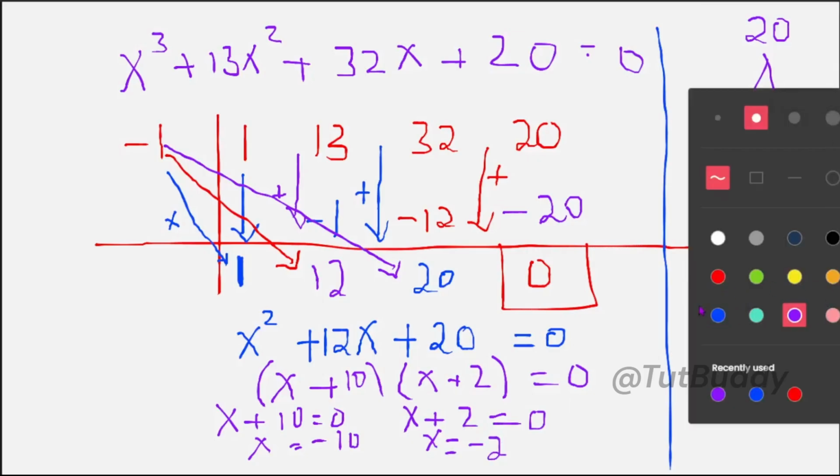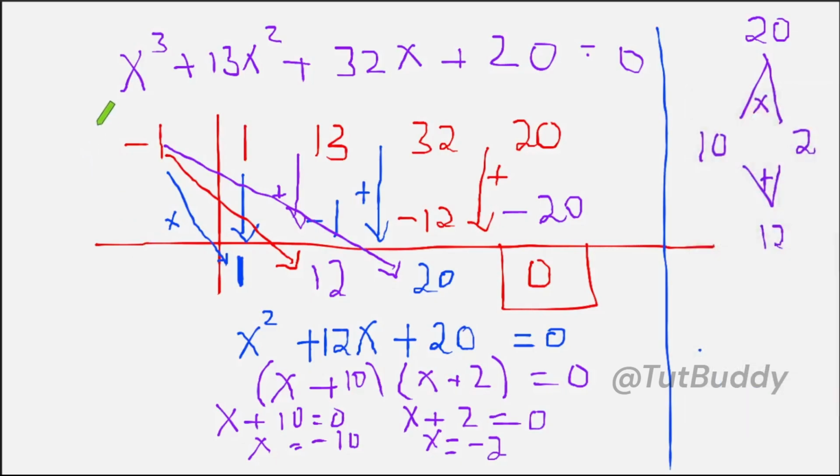What was that? Minus 1. Yeah, correct. So the answers for this equation are x equals minus 1, which we had earlier, and x equals minus 10 and x equals minus 2. That's your answer. Right. Yeah, you can copy.